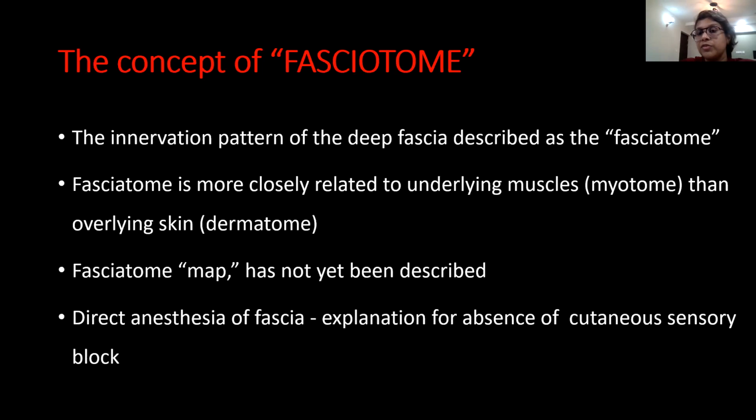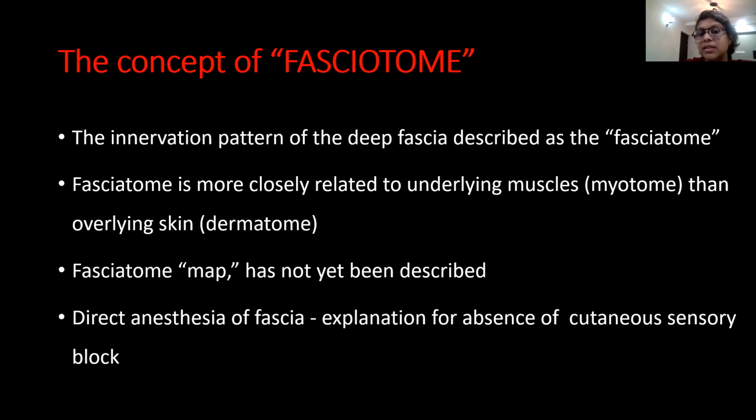Then there is a concept of the fasciotome. The innervation pattern of the fascia is described as the fasciotome. This fasciotome is more closely related to the underlying muscles, the myotome, rather than the overlying skin, the dermatome. And the fasciotome map has not yet been described. So the direct anesthesia of the fascia, rather than the blockade of the cutaneous sensory nerves, is the proposed mechanism of action of the fascial plane blocks.